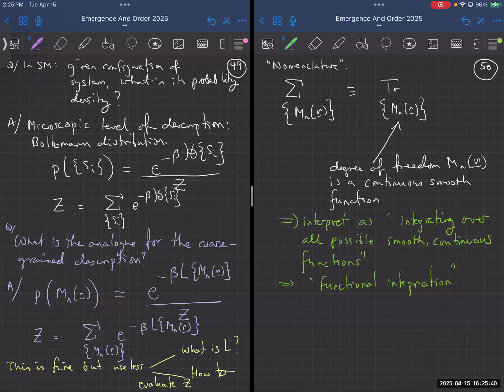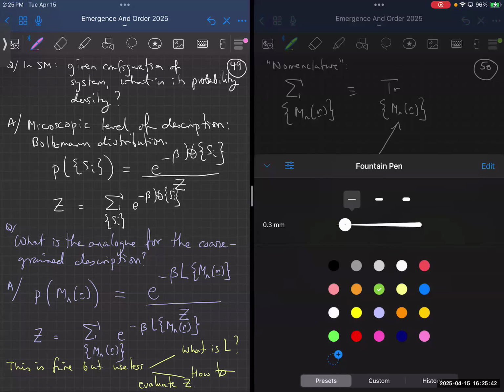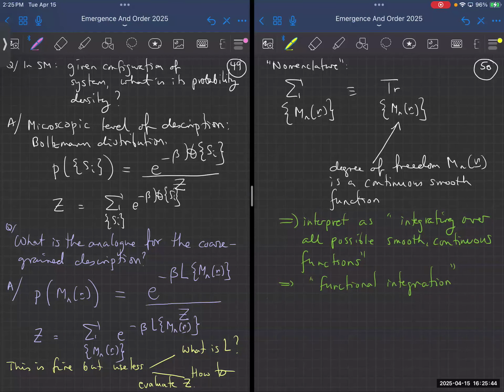So we're going to leave this question of how to calculate this. Next, how do we construct L? There's something playing the role of a Hamiltonian, L of m lambda.